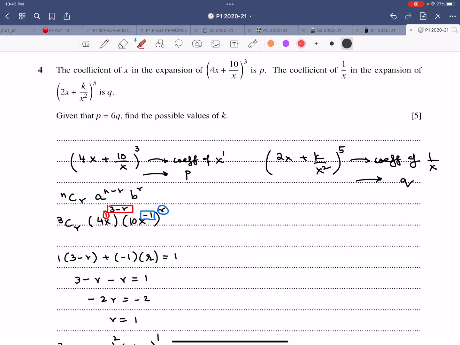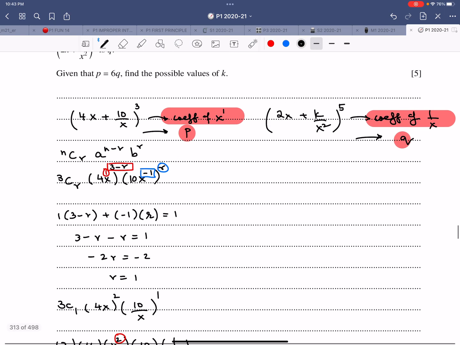So coefficient of x is p, and coefficient of 1 over x is q, from 2 different ones. So now the same rule applies, nCr. And this is a raised to power of n minus r, b raised to power of r. That is 5Cr. And then a is 2x raised to power of 5 minus r. And this is kx to the minus 2 raised to power of r.